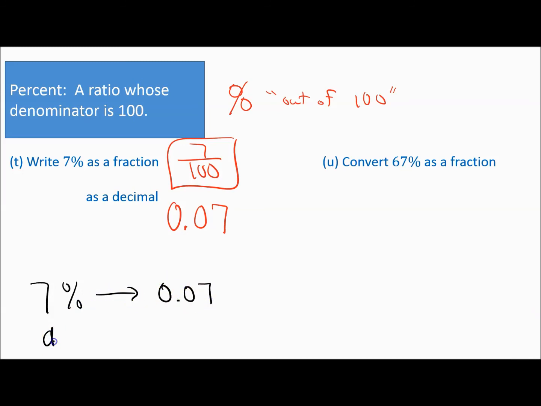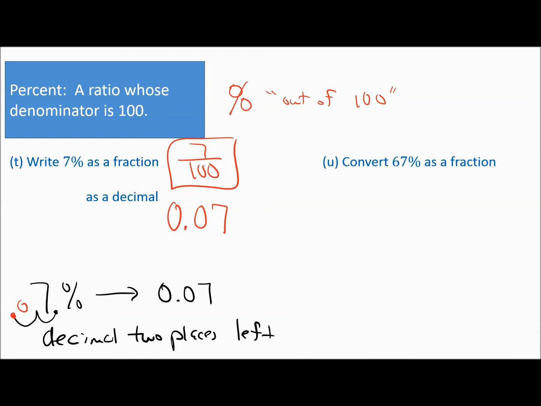You move the decimal 2 places left. What if you're thinking there is no decimal? Well, there is. If a number doesn't have a decimal, it's at the end of the number. So there's a decimal if I move it 1, 2, right? And I put that secret 0 right there. There's my answer, 0.07. But all that is because it means out of 100.